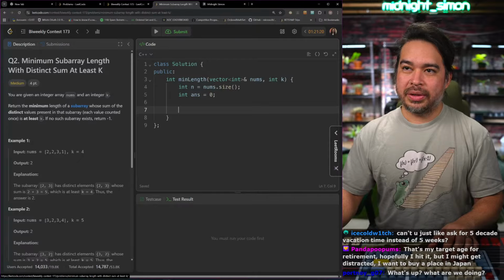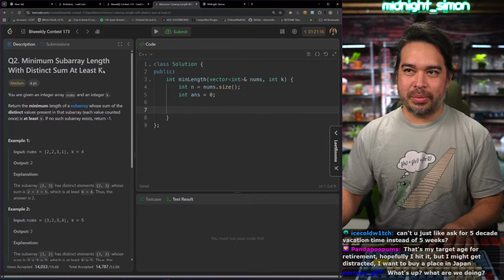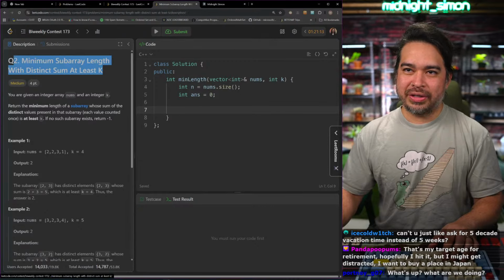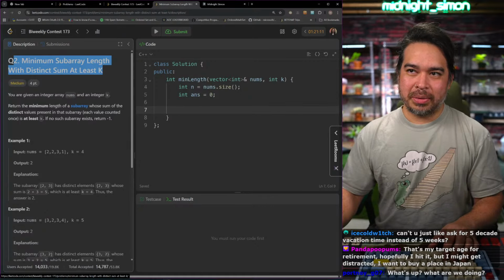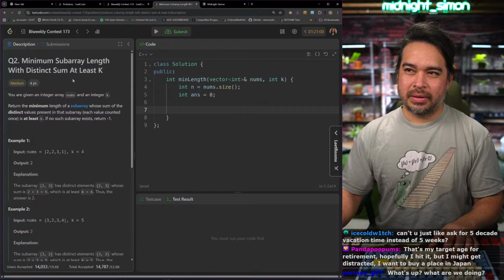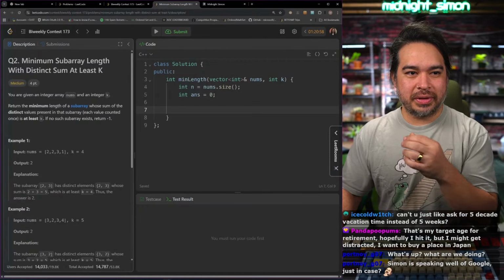Or sliding window. Let me think. I was gonna do some weird binary search sliding window, but I'm thinking, do I even need the binary search there? Can I just implement a regular sliding window, and as soon as the sum is at least k, I think so. Let me see.